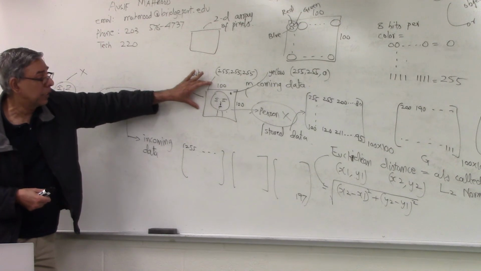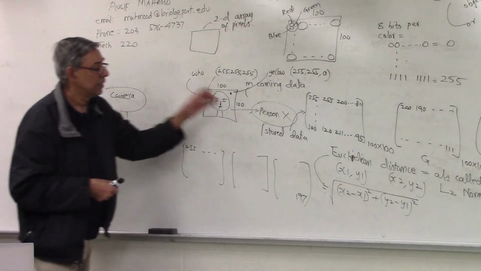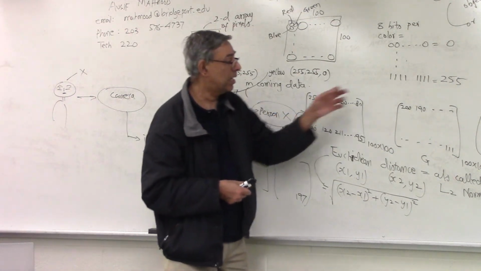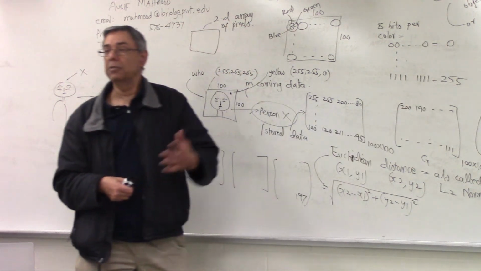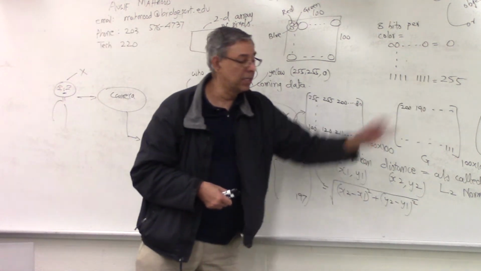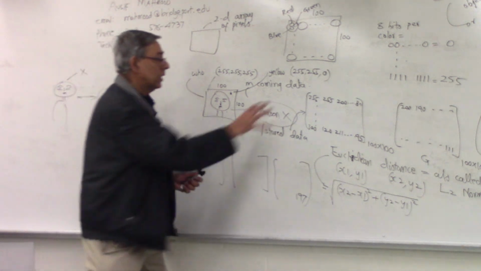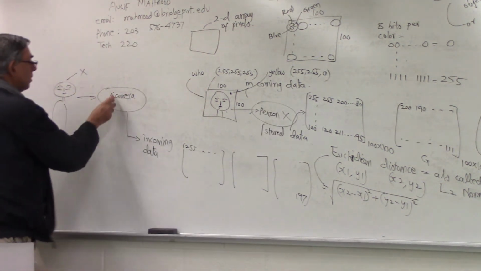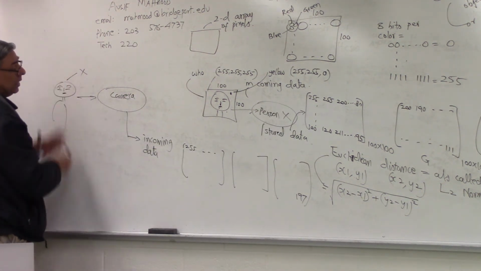We took a picture of person X. We computed the RGB channel values, stored them in 100 by 100 matrices. So this is our stored data, right? Now, somebody comes in.